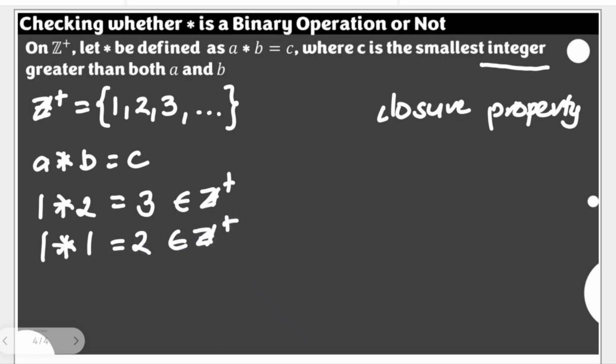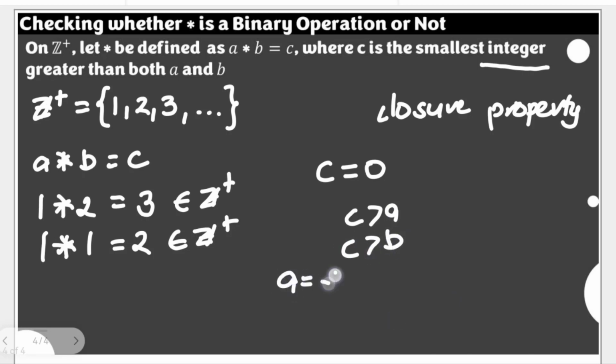We can only say that the closure property will not hold if we get c which is 0, right? Because if c is 0, that would mean it will not fall in Z plus, and the closure property will not hold. But when would we get c equal to 0? That is if c is greater than both a and b, which would mean we can only get that if a is negative 1 and b is negative 1, right?